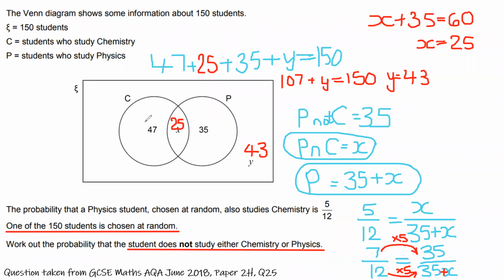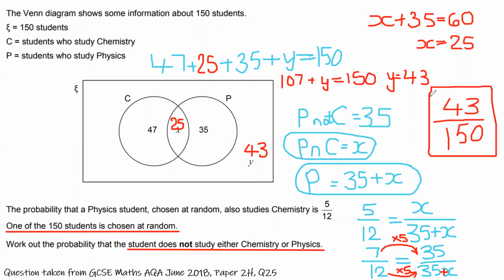What is the probability that the student does not study either chemistry or physics? So out of the 150 students, 43 of them, that's our y value, do not study either chemistry or physics. So this here is our answer to the probability.